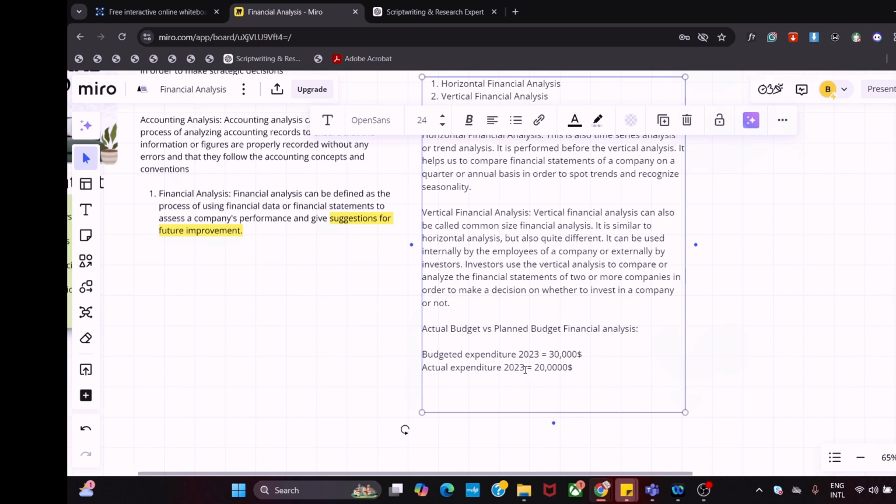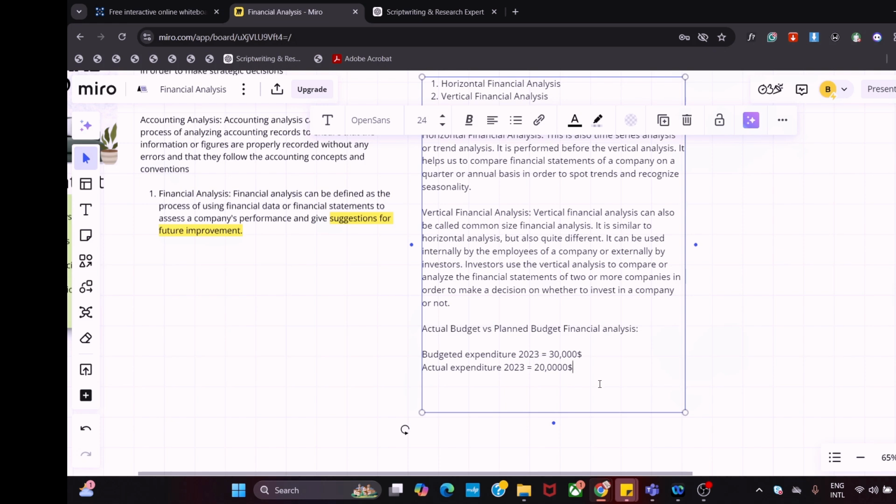But at the end of the day, maybe by December 31st, 2023, when the accountants were preparing their statements, whichever statement they work with, they found out that they had expenses of $20,000 against $30,000.